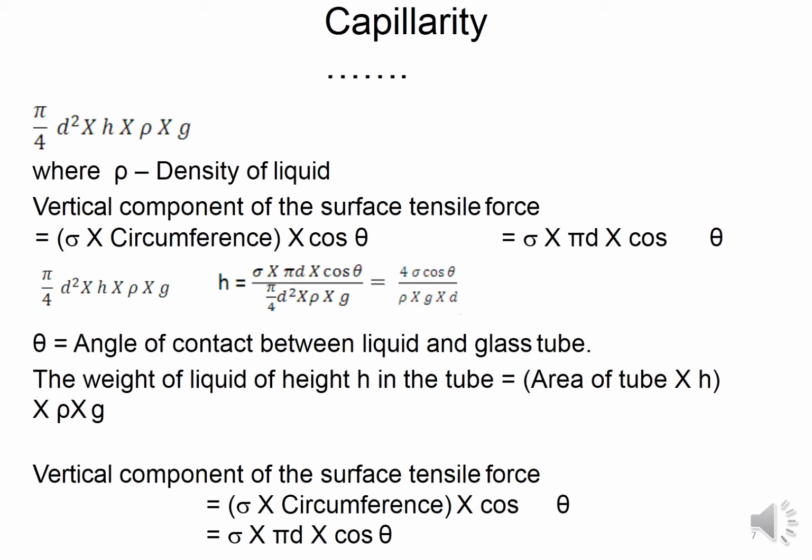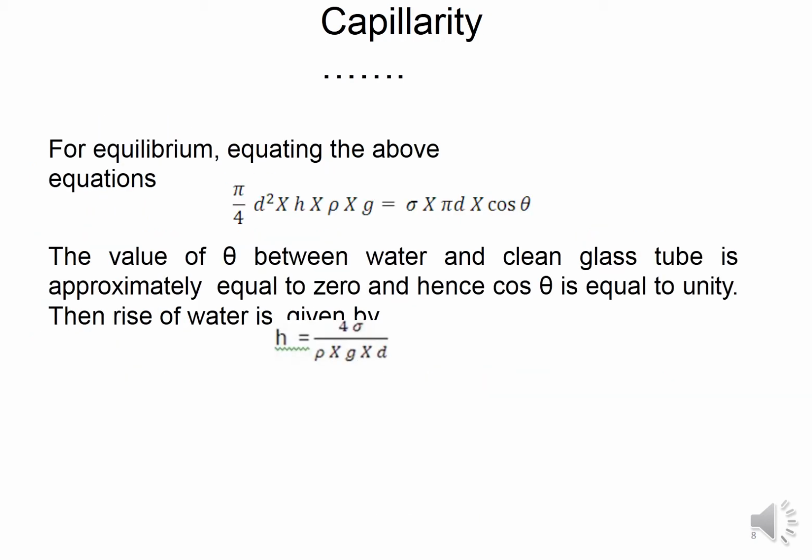have the expression for h. So h is equal to sigma pi d cos theta divided by pi by 4 d square rho g. What all gets cancelled here? d gets cancelled, pi gets cancelled, and 4 comes up. So the equation will be h equals 4 sigma cos theta by rho g d.